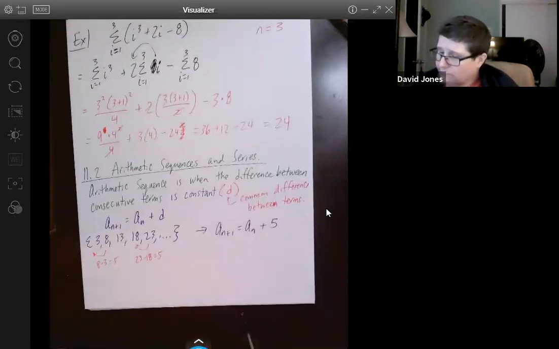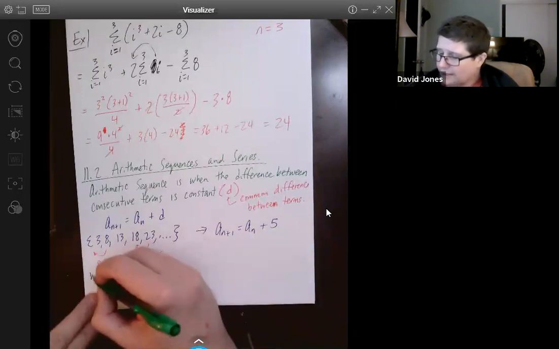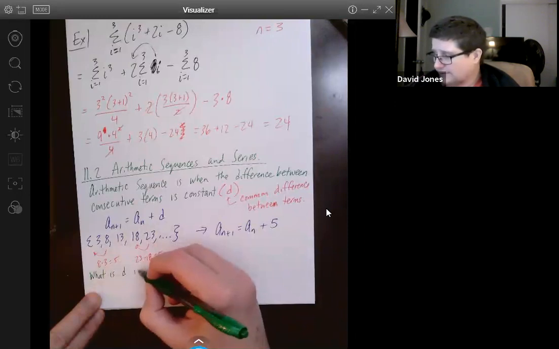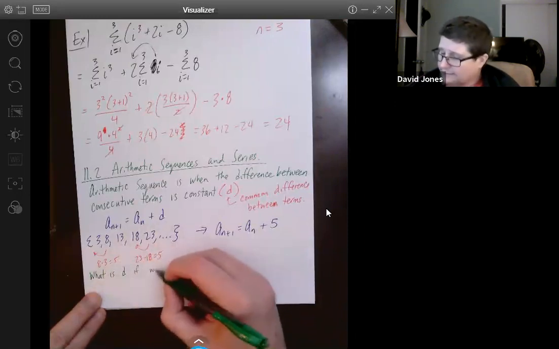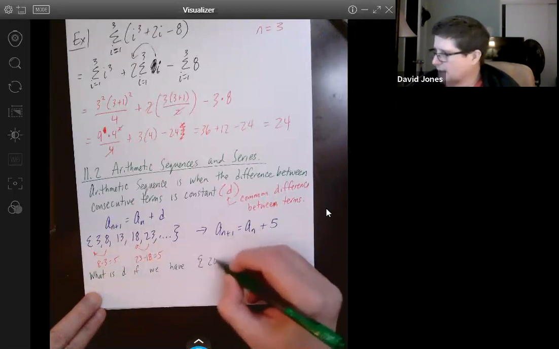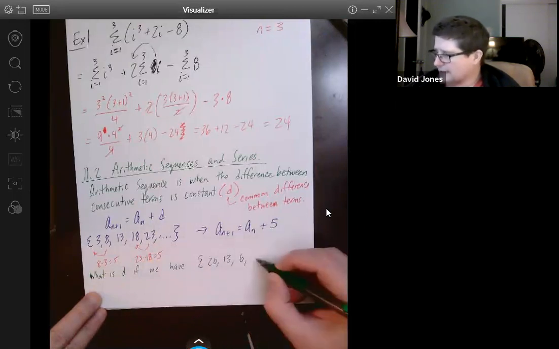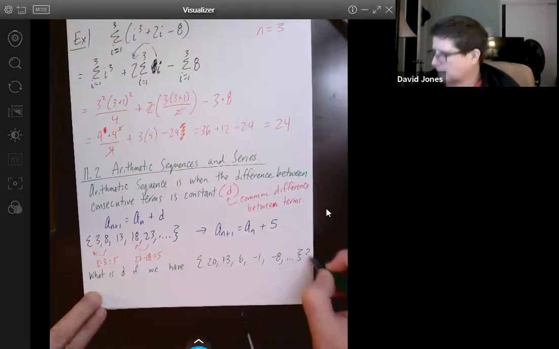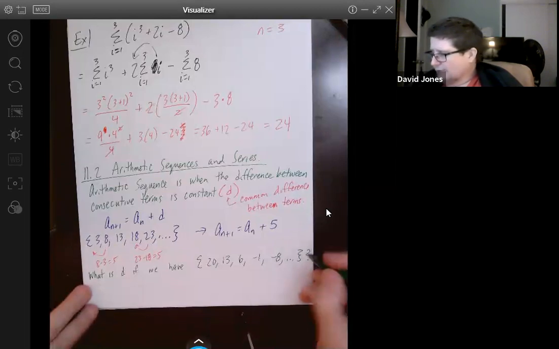So quick example for you to figure out, what is d if we have the sequence 20, 13, 6, -1, -8. Try to figure that out real quick.